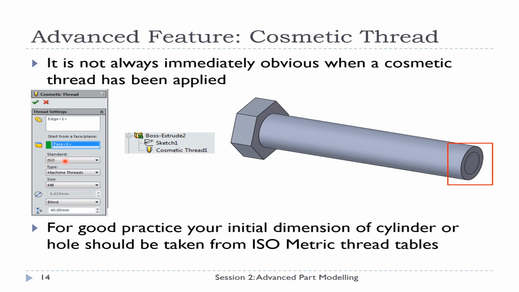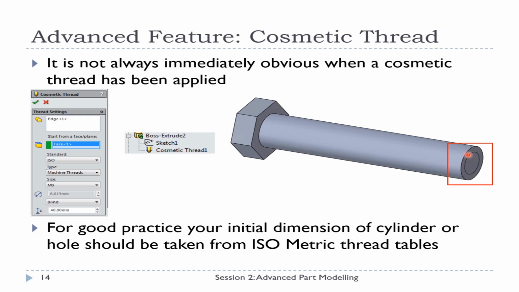We will mostly be using ISO standard, and again, mostly we will be dealing with the machine threads and the size. The software will automatically pick up the closest available size, but if that's not right, you can also select different sizes. And finally, you need to define the end condition.